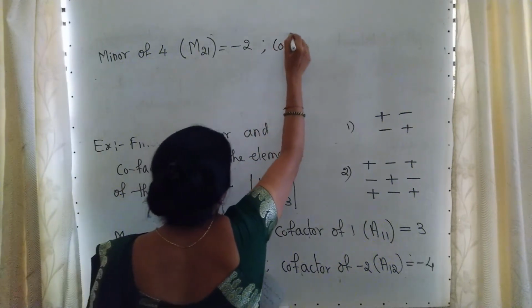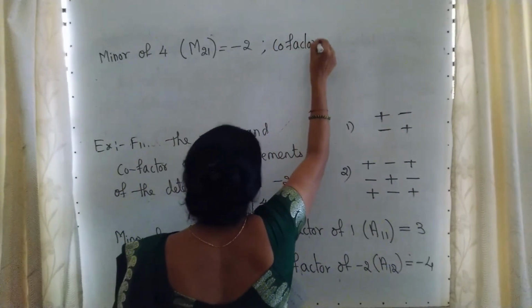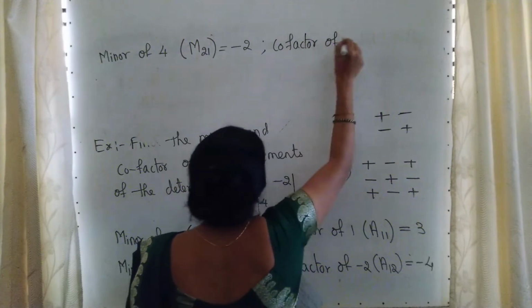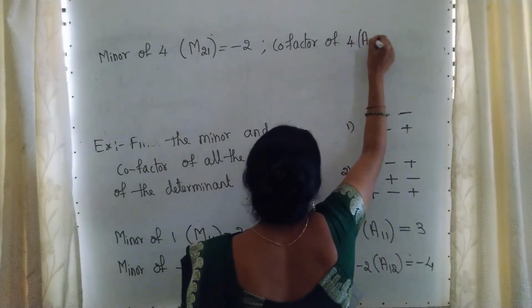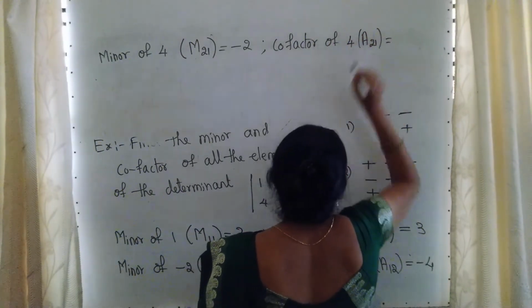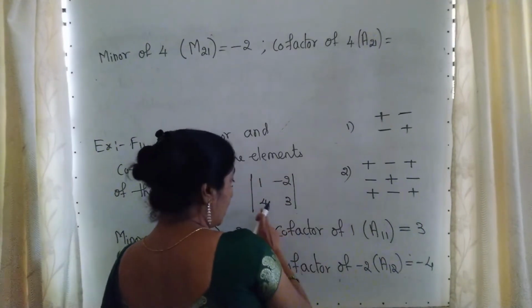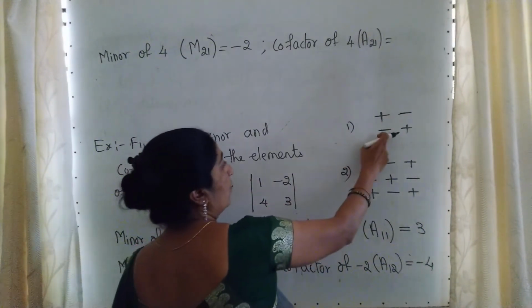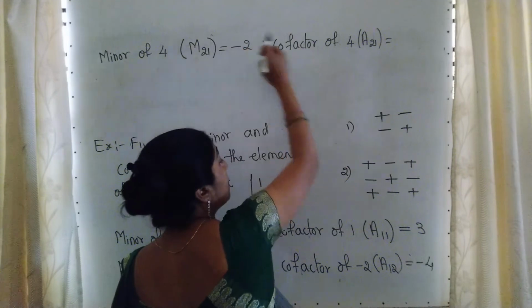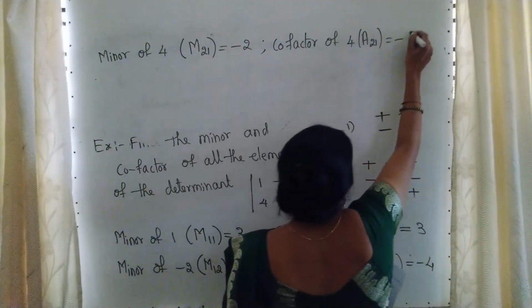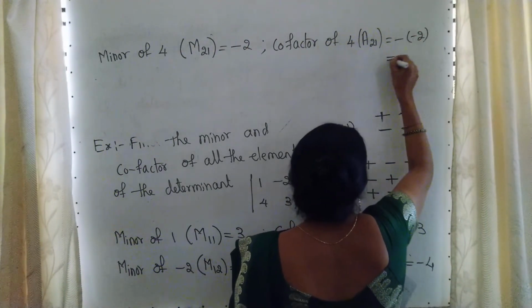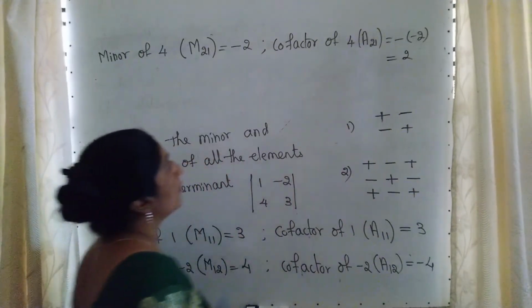Exactly opposite, cofactor of 4. That is A21. Second row, first column. In that place of 4, which sign do we have? Minus. So for this answer, we have to write minus, and it is -2. So minus into minus becomes plus.